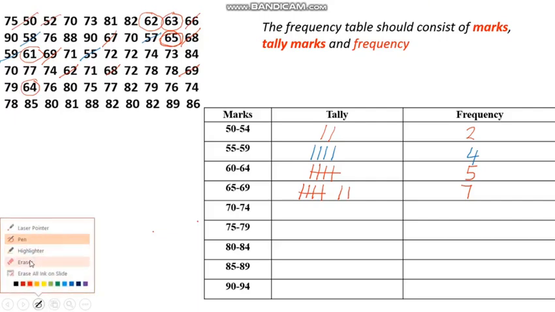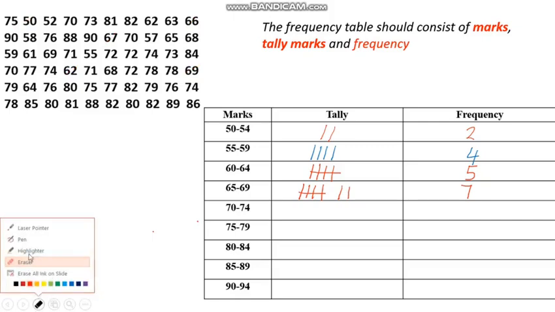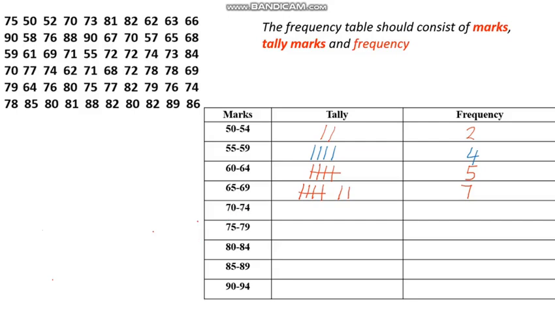Let me just clear out these that I've identified here, so that we don't have dead work. So we now come to the other part. On the other part, we are looking at 70 to 74. We need to identify those marks ranging from 70 to 74.